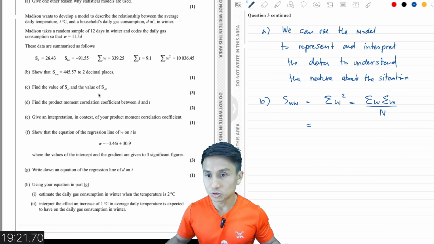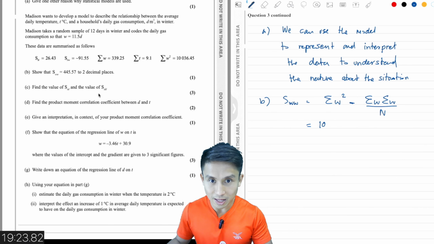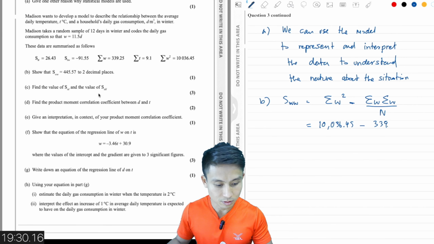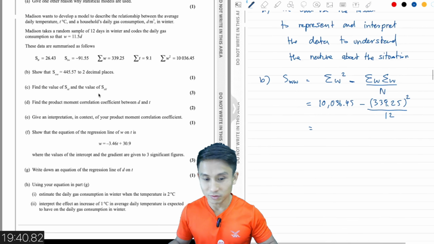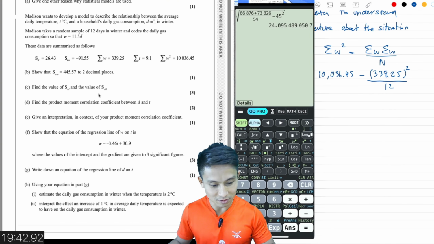So sigma w squared is that, minus sigma w. I mean, you can open the formula sheet, but I'm not having it right now, so I'm just gonna use my memory. N is 12 days, so we're gonna see if I got it right on that one.